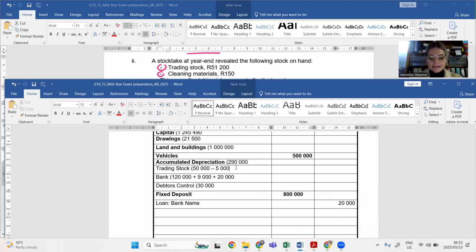So step number one is I'm going to calculate, according to my books, what am I currently reflecting as trading stock? And in my books, I'm showing that I have 45,000 Rands trading stock. But now, the physical stock count revealed that I actually have 51,200.